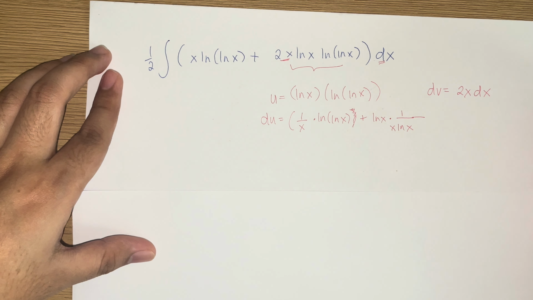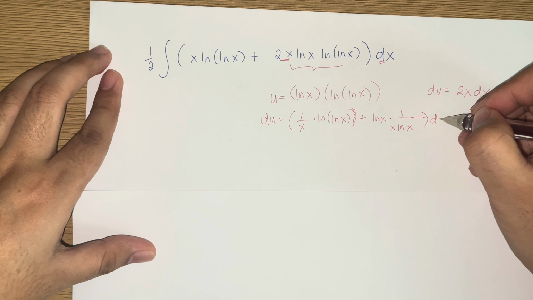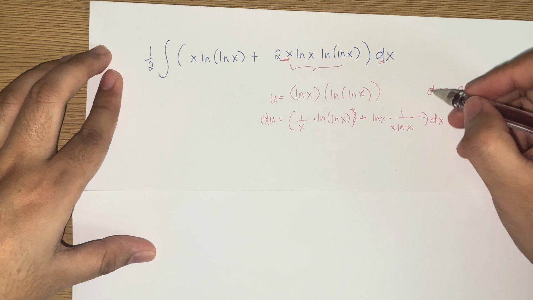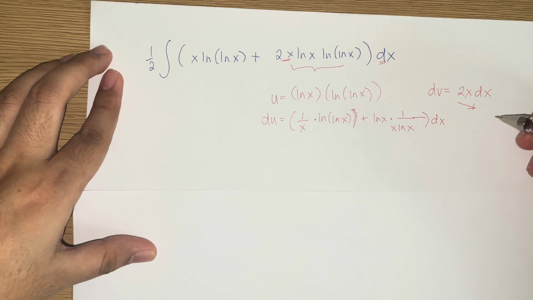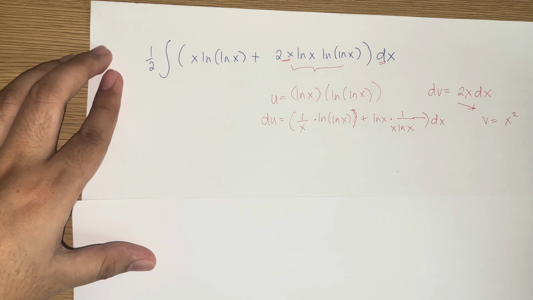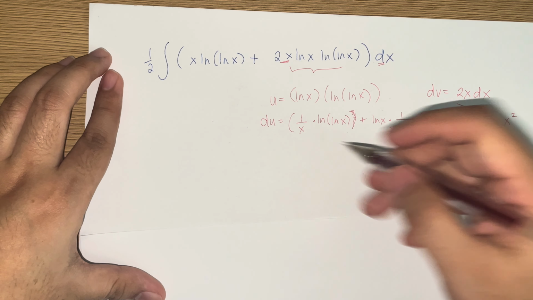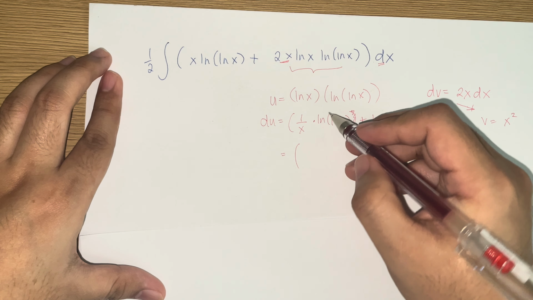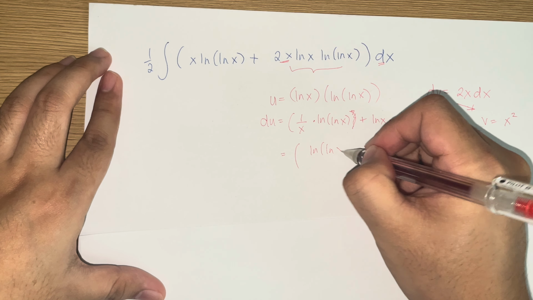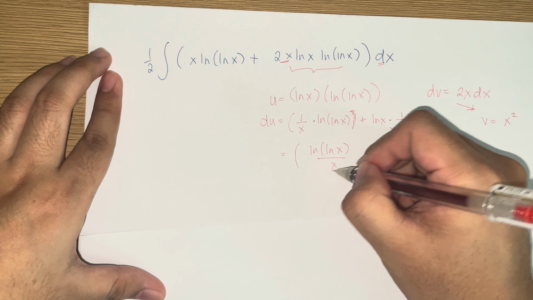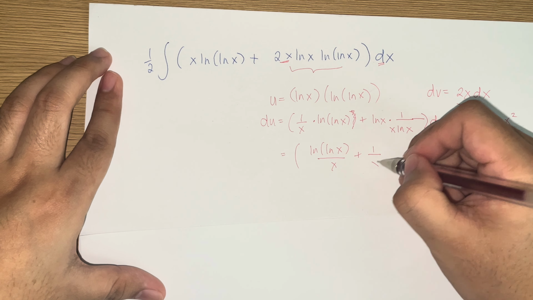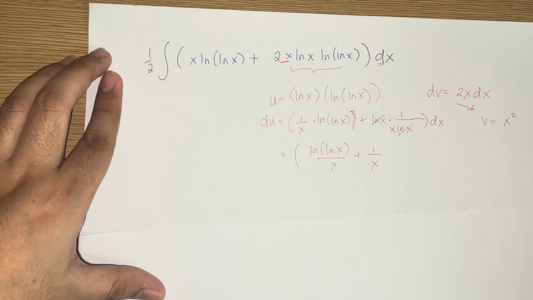So that's x ln x dx. Now this one, on the other hand, simplifies to just v equals x squared. So we simplify du: this is ln of ln x over x plus 1 over x, because this ln x cancels out, dx.